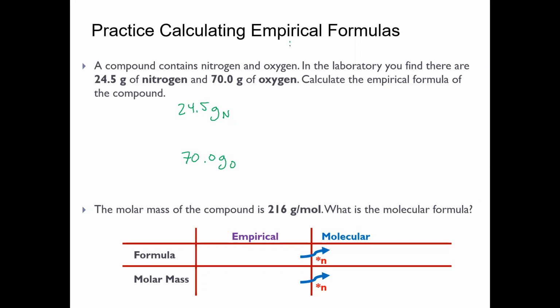But to get our formula, we want to figure out what this ratio is to fill in for x and y in our chemical formula as written up here. These x's and y's have to be in terms of moles and not grams. Right? Our chemical formulas are mole ratios, not grams. So for each of these, let's cancel out grams and try to get to moles.